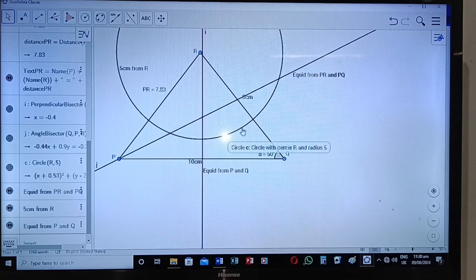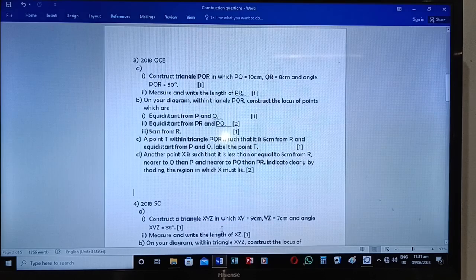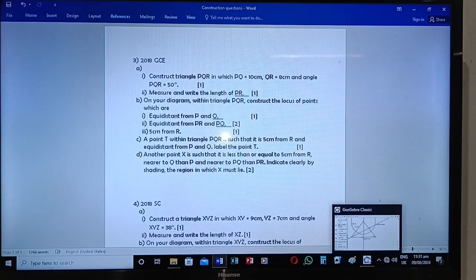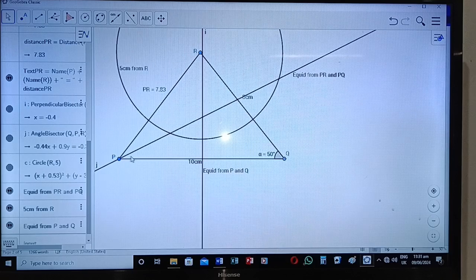Then again, we are told equidistant from P and Q. Equidistant from P and Q, it's this locus. So the point in question is this one.